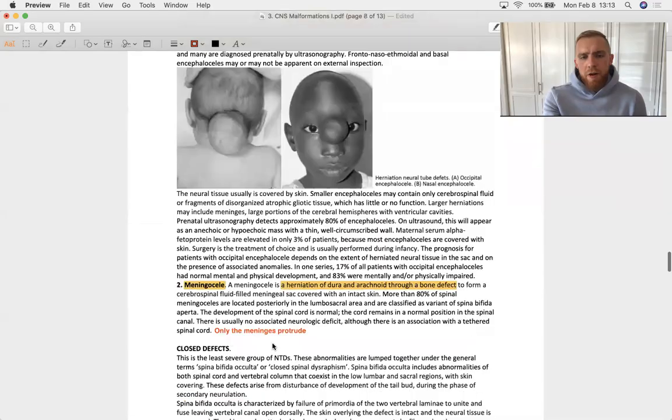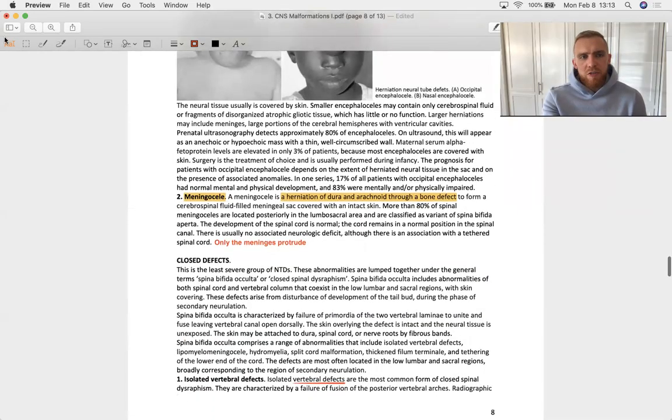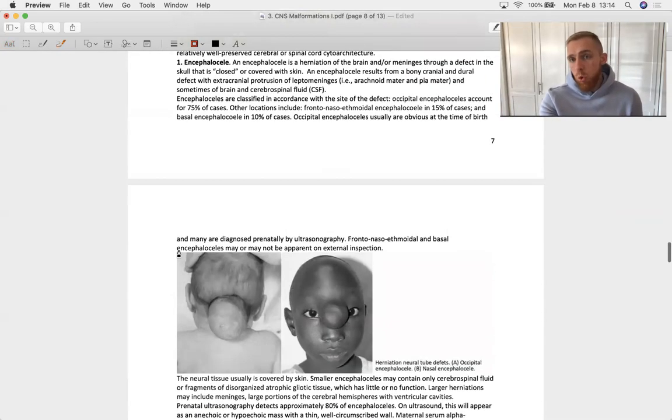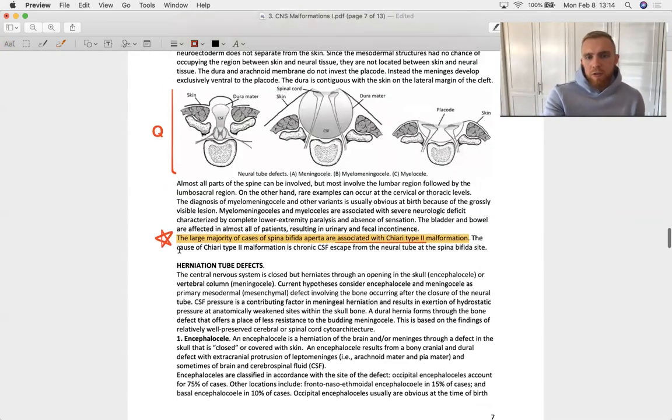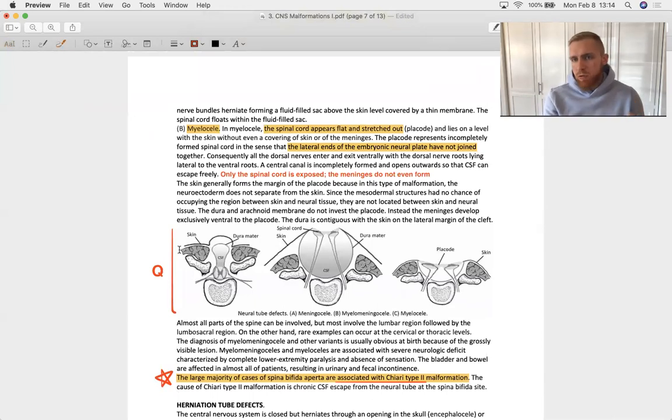And then there is a meningocele, which means that the meninges, the dura and arachnoid mater, herniate out of this open spine, but the spinal cord does not. And so they'll tell you exactly what has herniated out of the spine, and then you'll have to say myelocele, meningocele, myelomeningocele. Easy question.